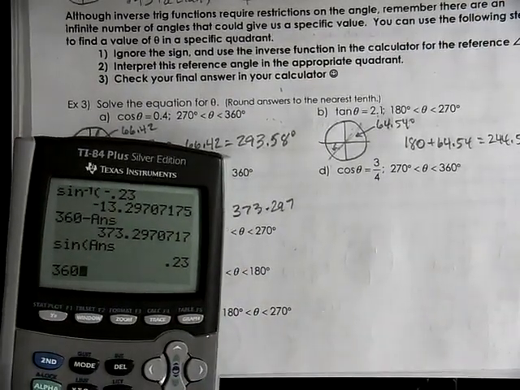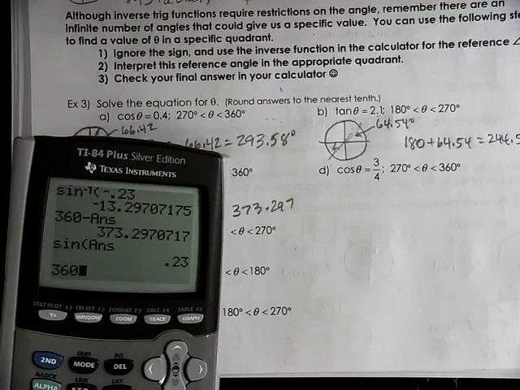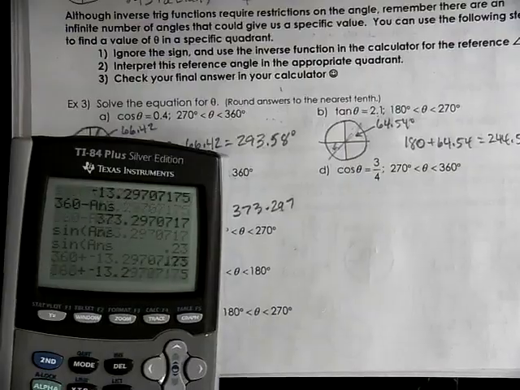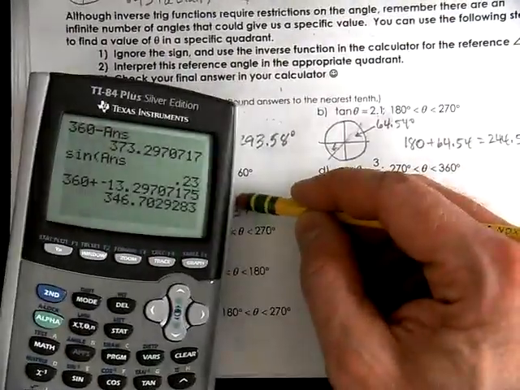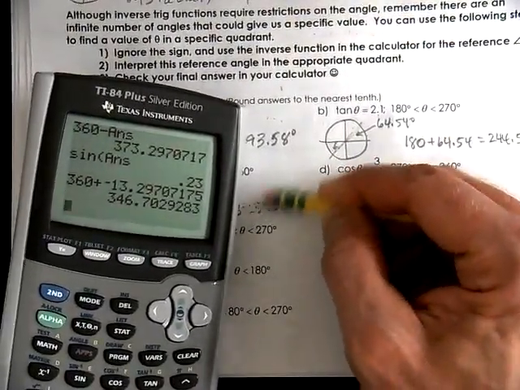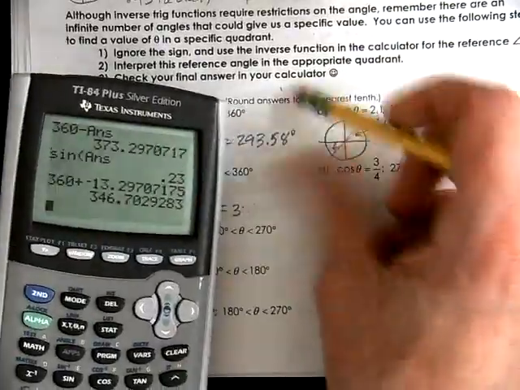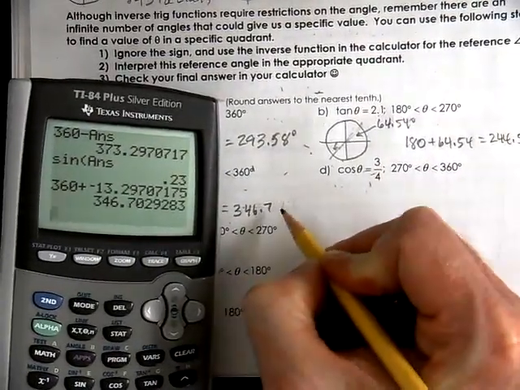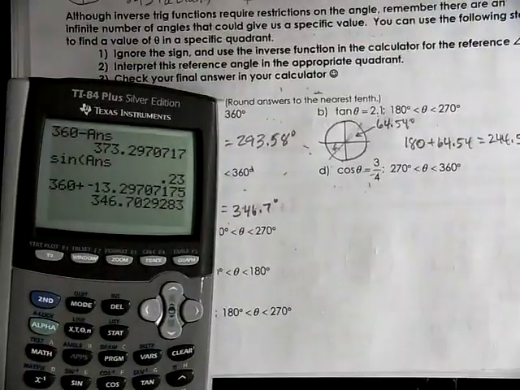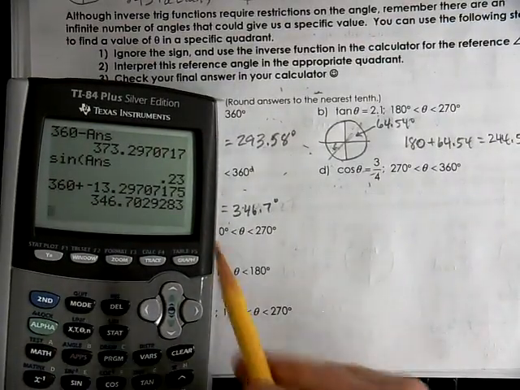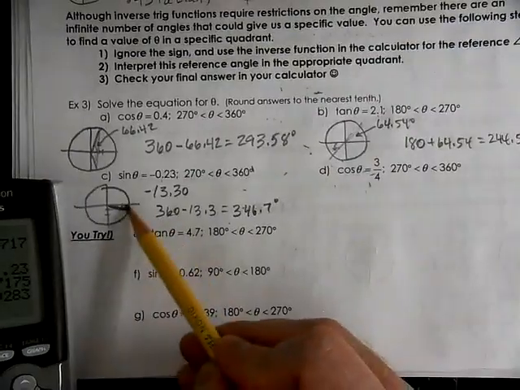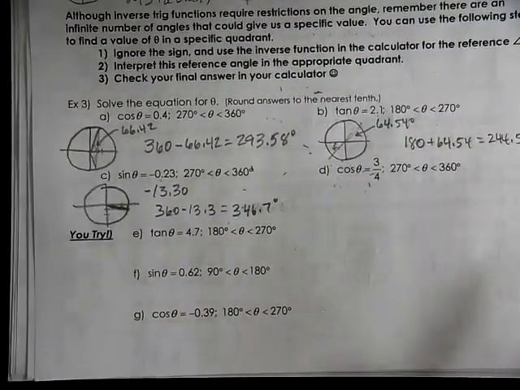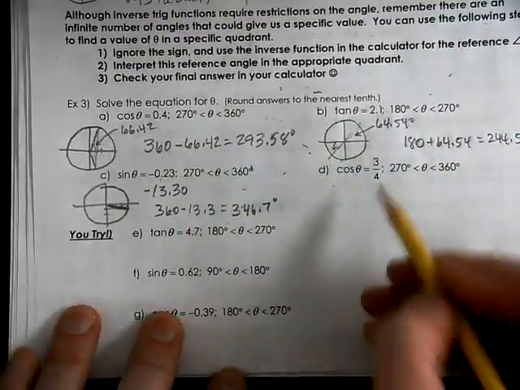That was a trickery one. 360 plus our value from up here. We need a value less than 360. That was a little confusing. We needed a number less than 360. But because we were minusing, coming down, a negative answer, that actually meant plus as far as the calculator knew. All right, last one.